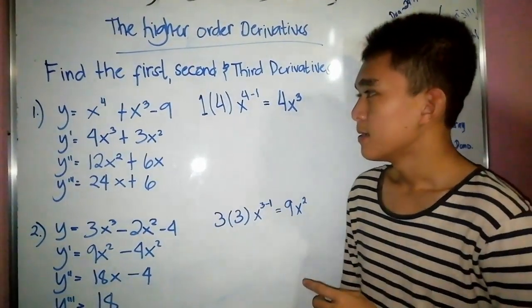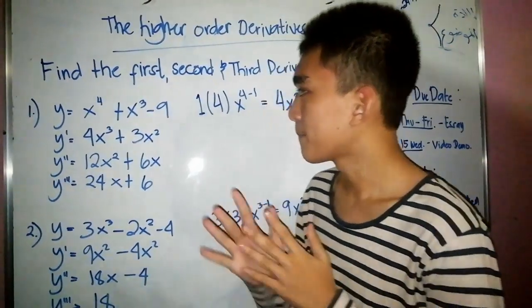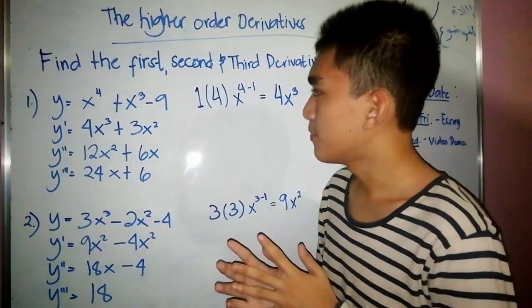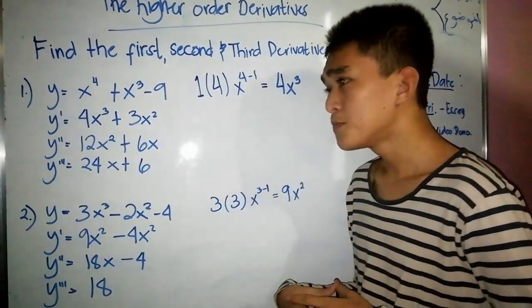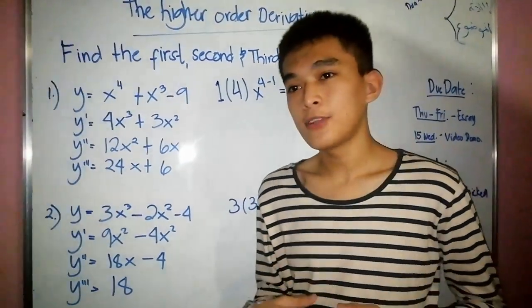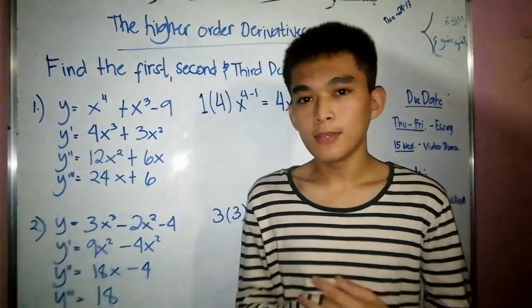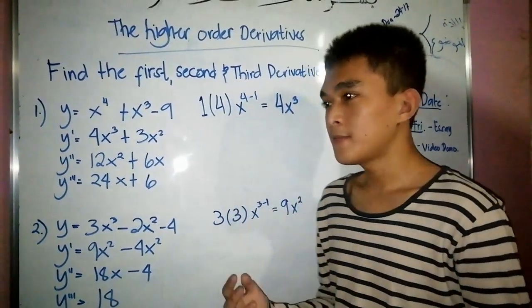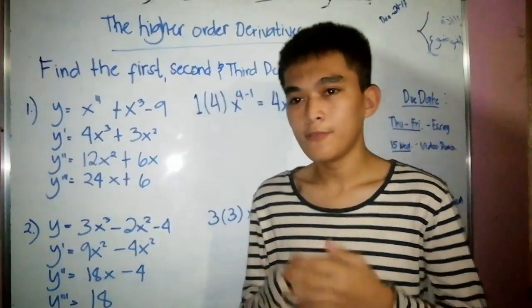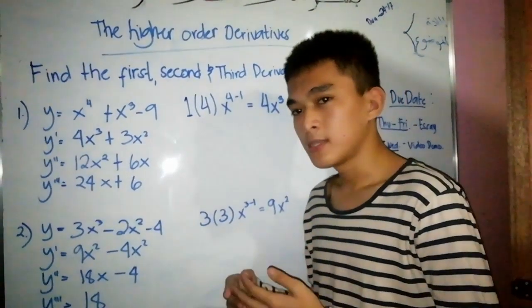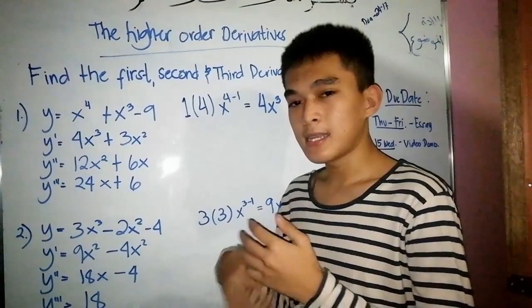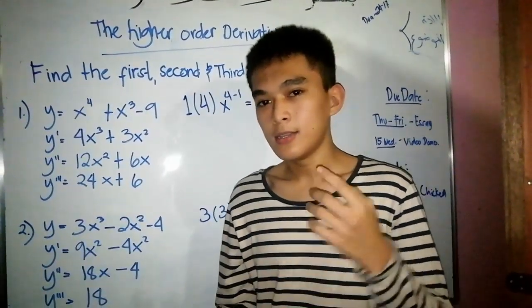As for number 1, y is equal to x^4 plus x cubed minus 9. If you're going to find the first, second, or third derivatives, a number that doesn't have a variable and exponent is not carried over to the next derivatives.